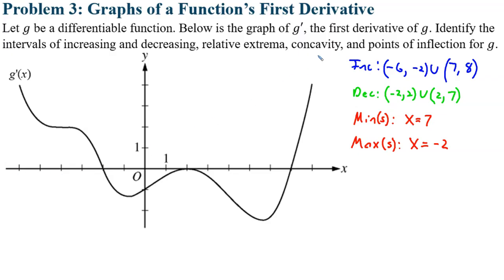All right, so concavity, let's go with concave up first. And remember, we're not talking about where this graph we're looking at is concave up. We want to know where the original g is concave up. This is our derivative once again.